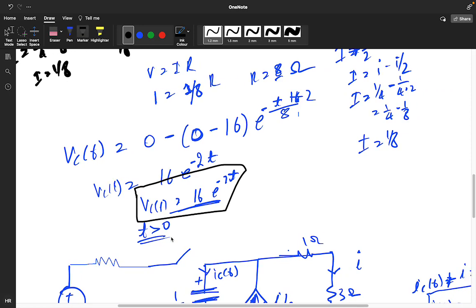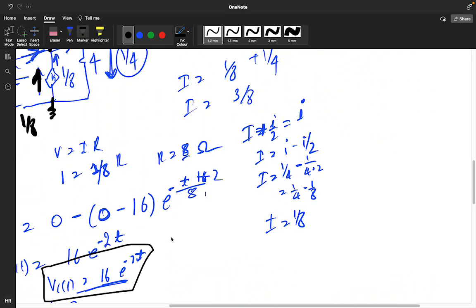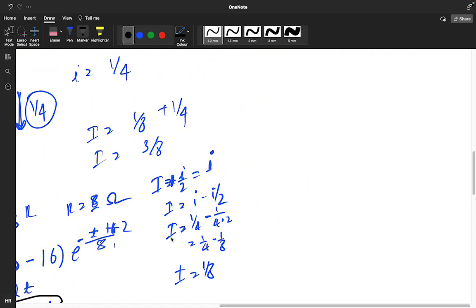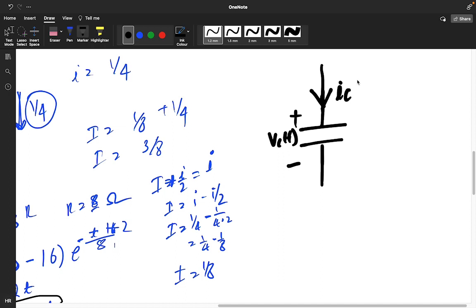Okay. Always remember these things. This is a very important thing. If you are assuming positive negative VC of t in this direction, you always have to assume your capacitor current in this direction only, because this is positive, this is negative. So capacitor current will always be in this direction.